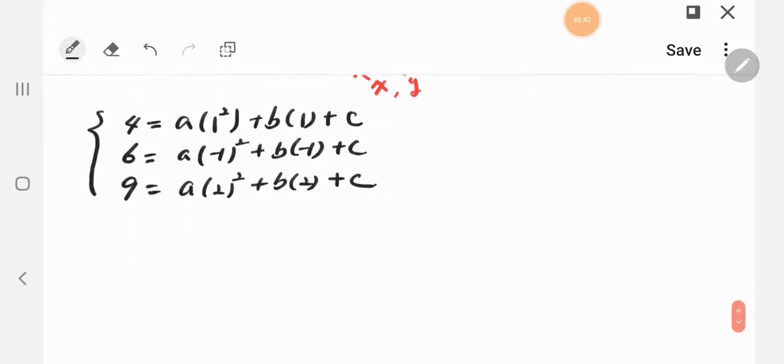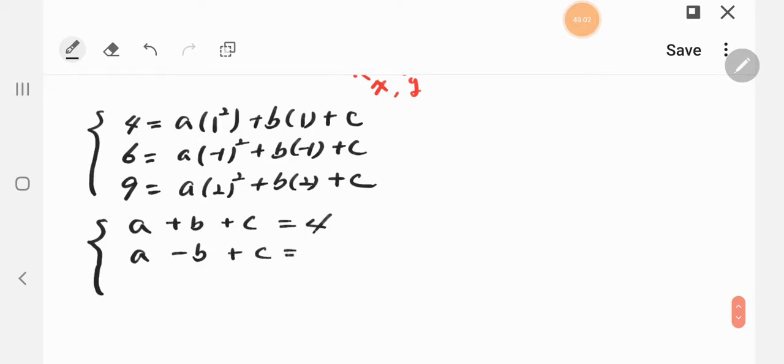So let's rewrite these equations. Write a, b, c first on the left side of the equation. The first equation will be a plus b plus c is equal to 4. And the second equation, negative 1 squared is 1, so a minus b plus c is equal to 6.